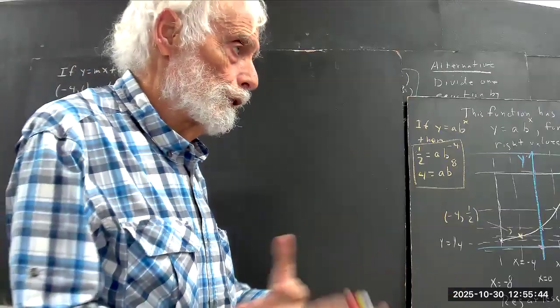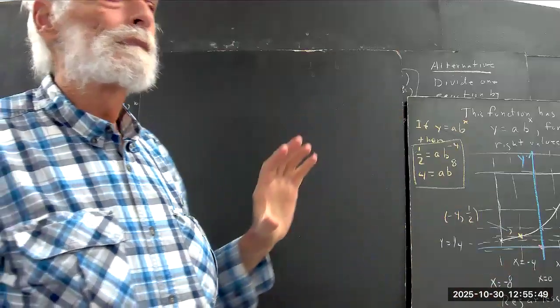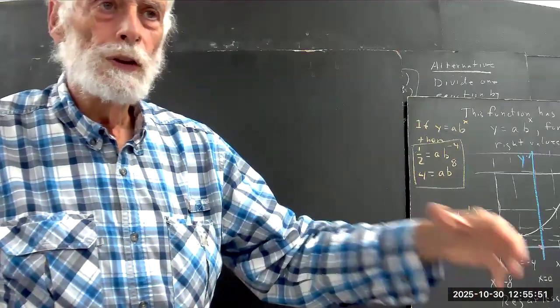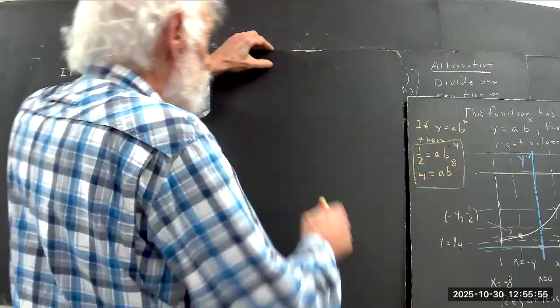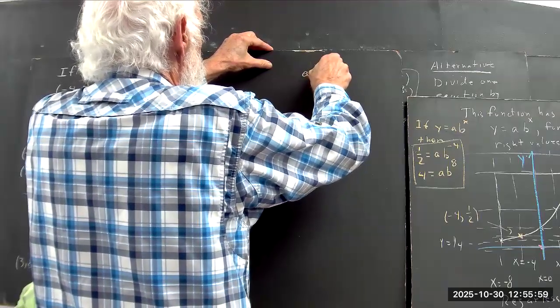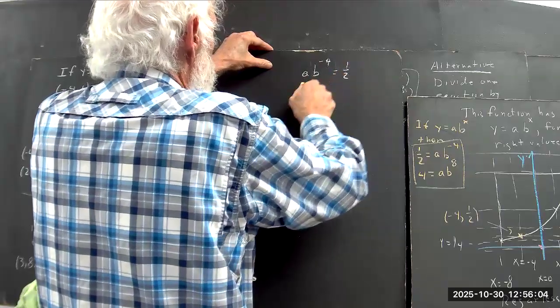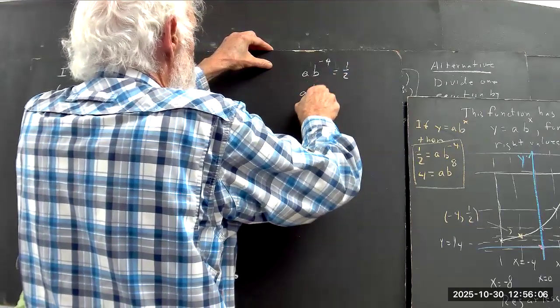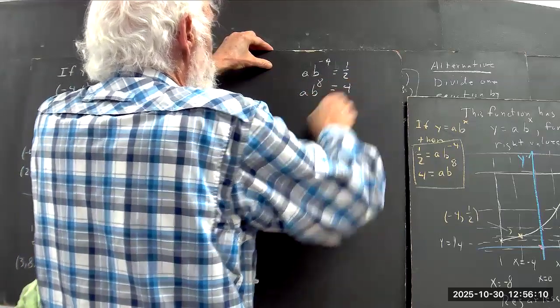You can do the operations no matter which side it's on, but we're more used to seeing it on the left side. So I'm going to switch the sides of each equation. We've got a b to the -4th equals 1/2, and a b to the 8th equals 4.